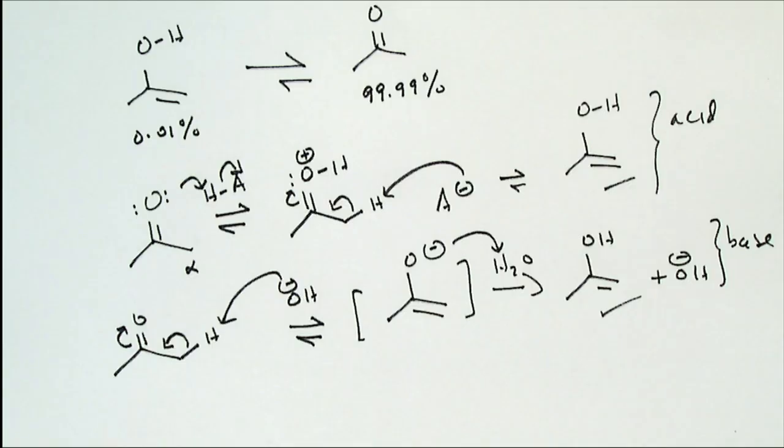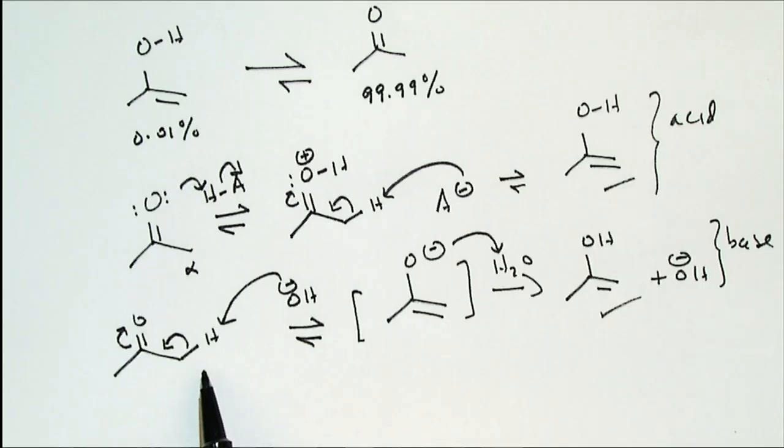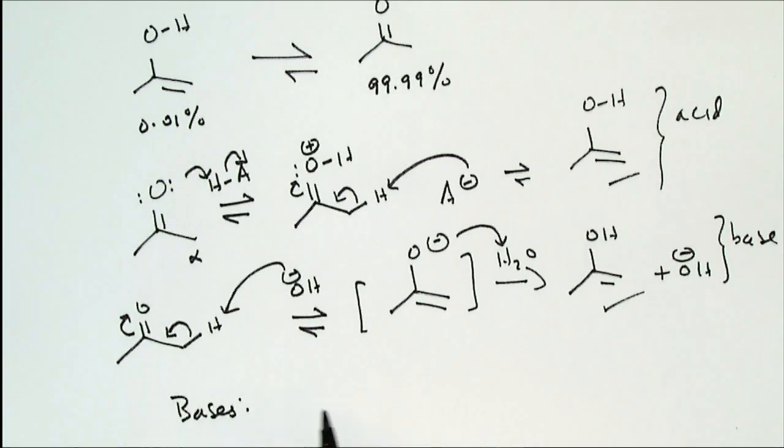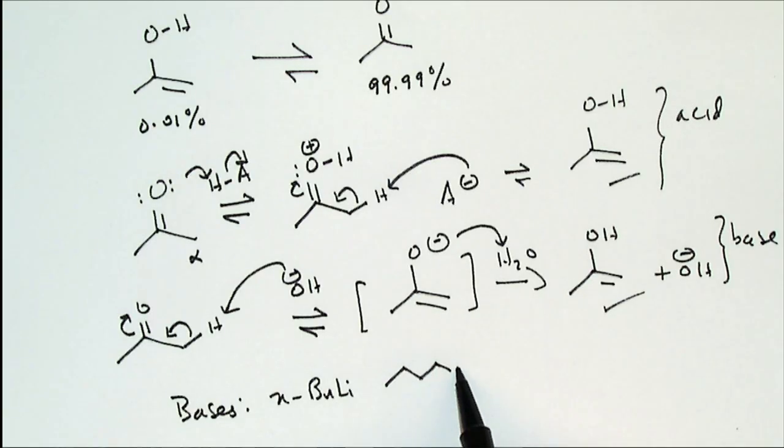Now, a quick word about when we say that you can use a base to deprotonate at the alpha position. Here we're showing an OH, but really we use much more powerful bases when we're doing this type of reaction. When we're talking about organic bases to use here, we really mean bases like n-butyl lithium, which is nothing more than 4 carbons and your lithium, 1, 2, 3, 4.